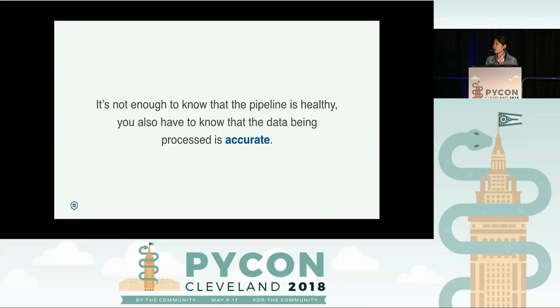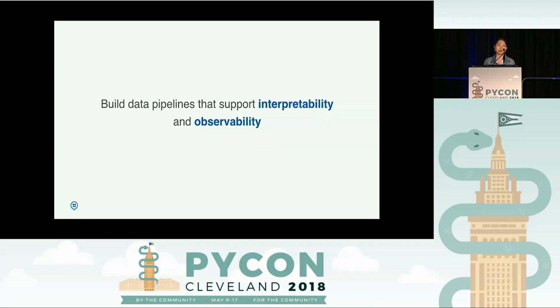As such, it's not enough to understand that a data pipeline is healthy. You also have to know if the data being processed through the pipeline is considered accurate. And this brings me to two very popular terms in the industry: interpretability and observability. You want to architect your data pipelines so that they support concepts from both worlds.